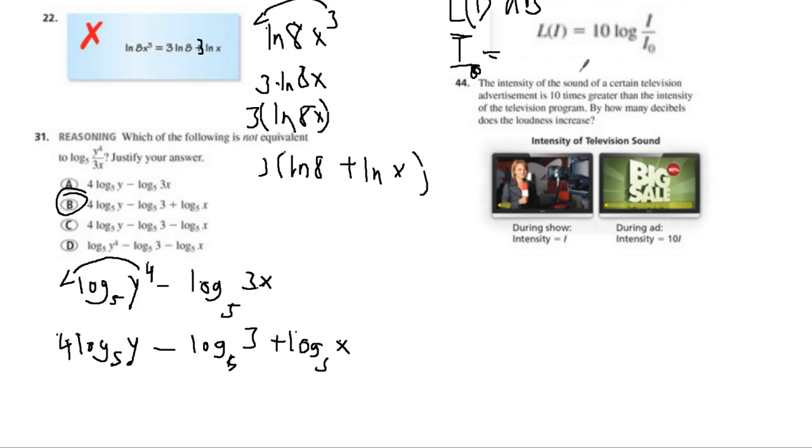Okay, so let's say 10 log 10 I over I of O. Actually, wait. Yeah, 10 log 10 I over I of O equals 10 log 10 minus 10 log 1 over I of O. First of all, we can separate this.